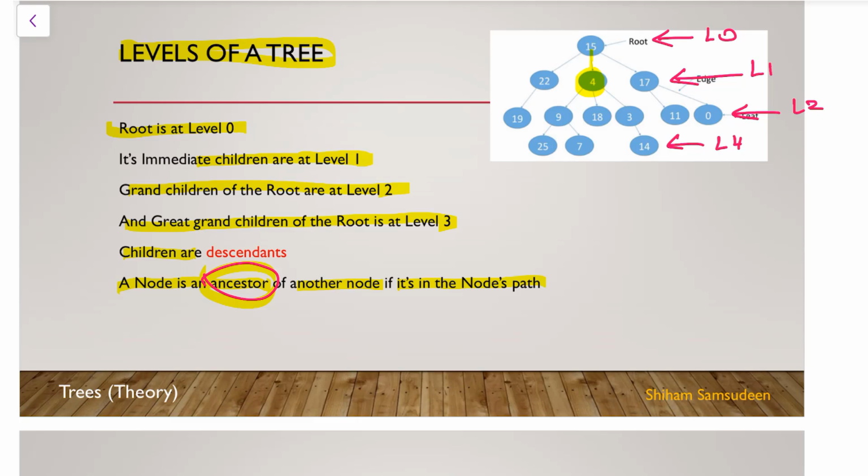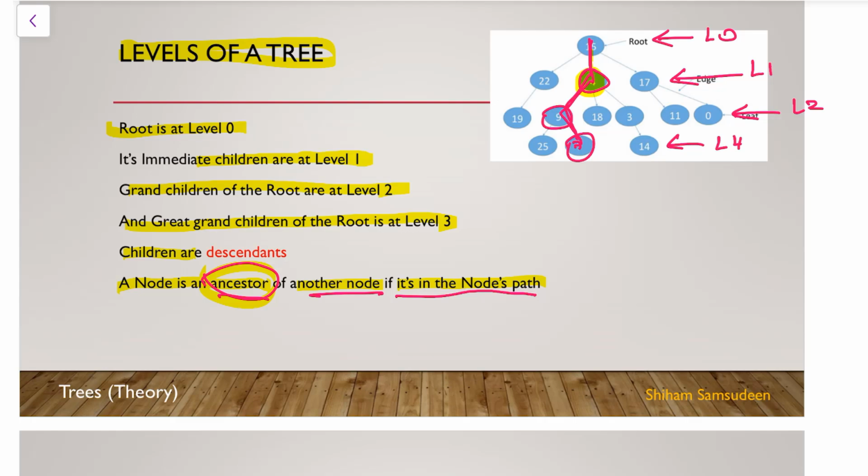Ancestor is basically, now if you take this path here, right? So node 4 is an ancestor of node 7 as well as node 9 as well. Right? It should be in this line, right? So a node is an ancestor of another node if it's in the node's path. Right?